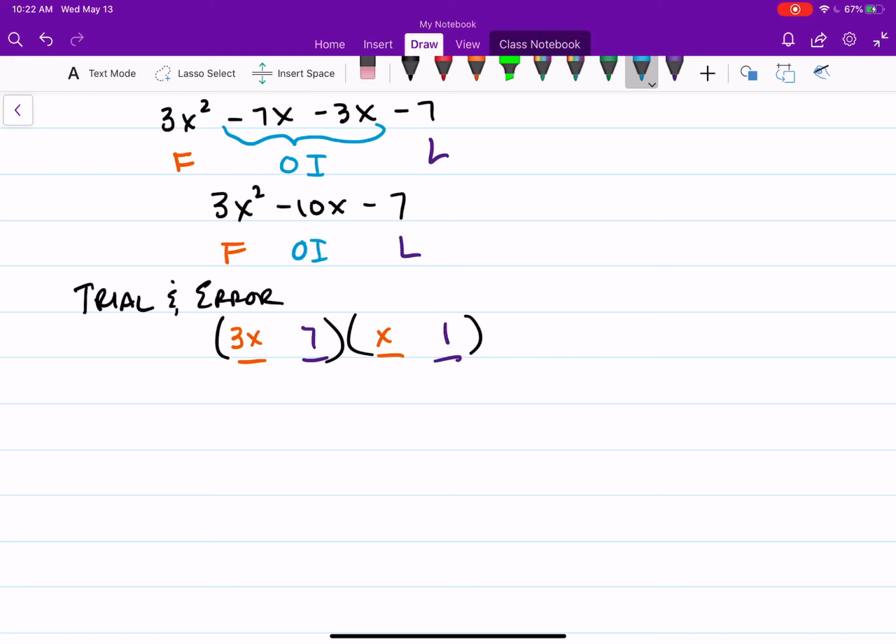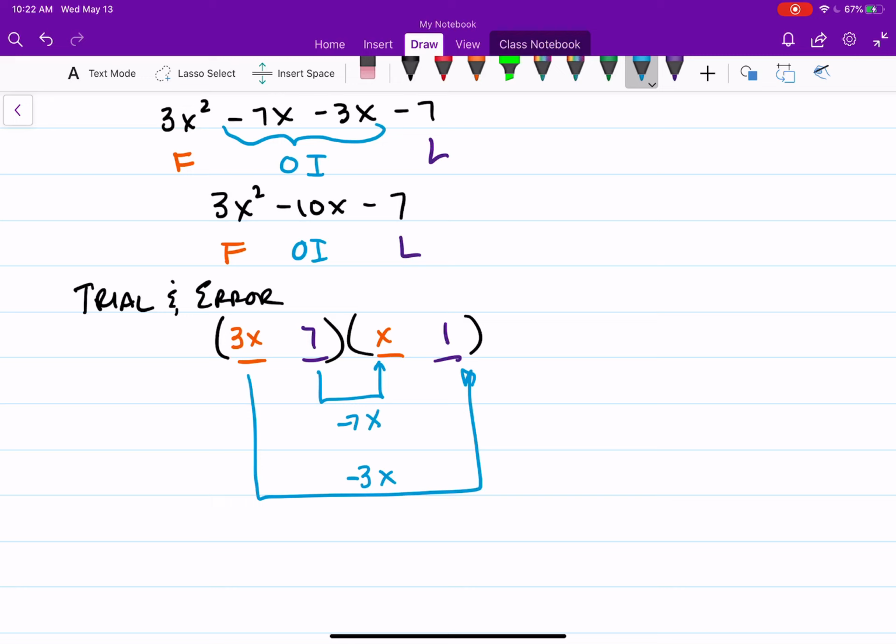So I go back to inner and outer. Okay? Outer gives me 3x, inner gives me a 7x. Can I use 7x and 3x to get me a negative 10x? And the answer is yes. How? Only if they are both negative.